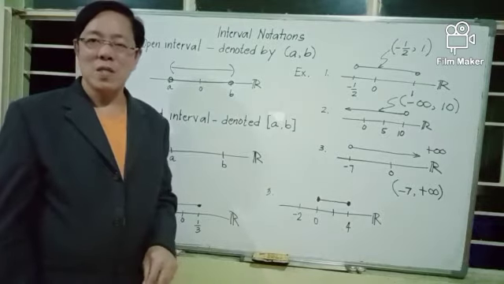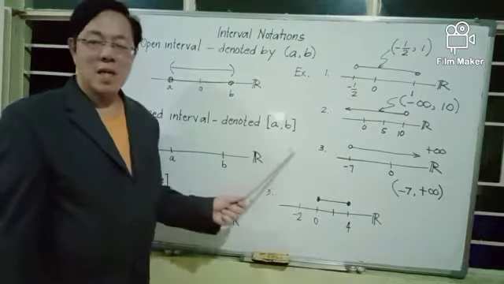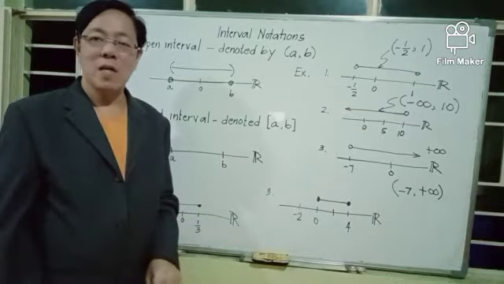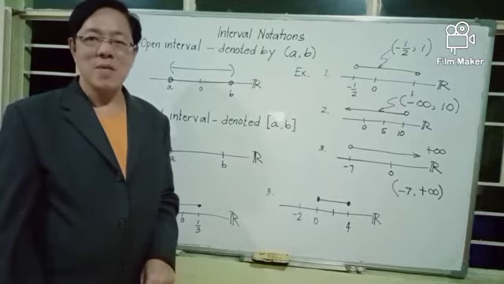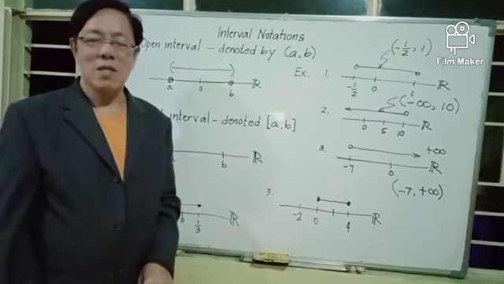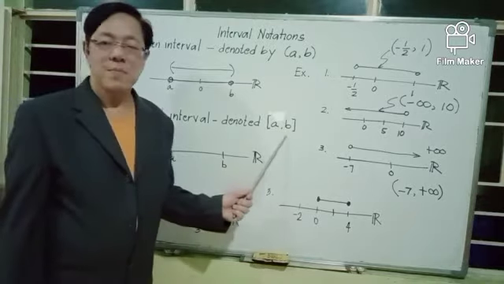If you have a closed interval AB, that's the set of all real numbers between A and B, and the real numbers A and B are also included in the set. And that is indicated by the closed bracket.